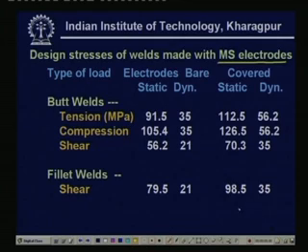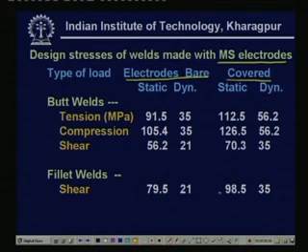In reality it depends not only on the properties of the base metal, but also the properties of the weld metal, and the type of electrode. There may be a bare electrode or a covered electrode. If we have a bare electrode, there is a chance of contamination by oxygen which may lead to embrittlement. If it is covered, then this chance is less. So, that is reflected here.